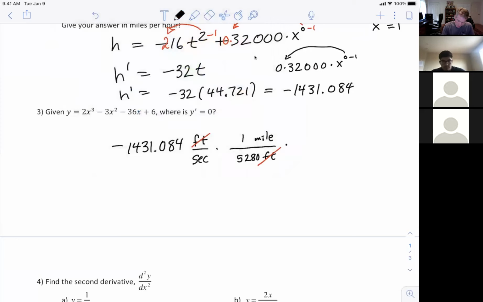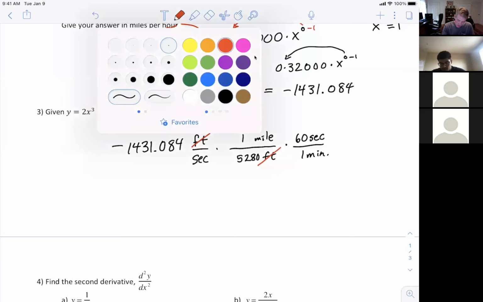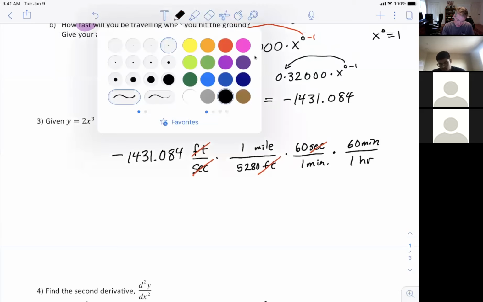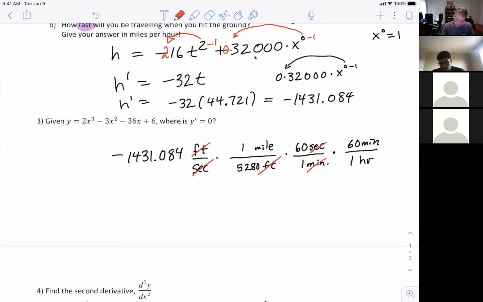And then for the seconds, there's 60 seconds in 1 minute. And then that way the seconds on bottom can cancel the seconds on top. And then just one more step, there's 60 minutes in 1 hour. And then the minutes and the minutes will cancel. And now it's in miles per hour.